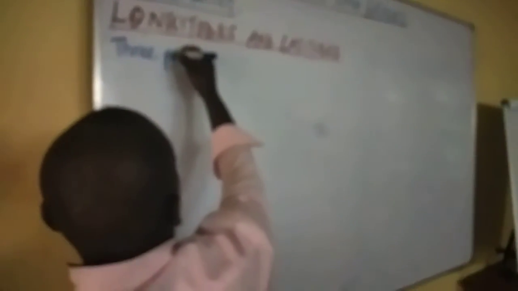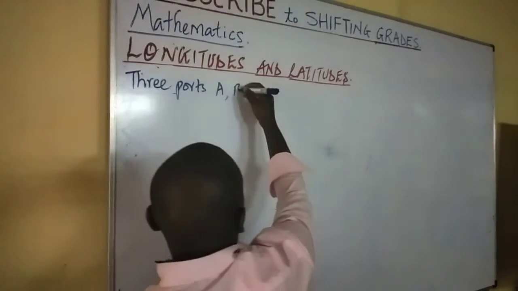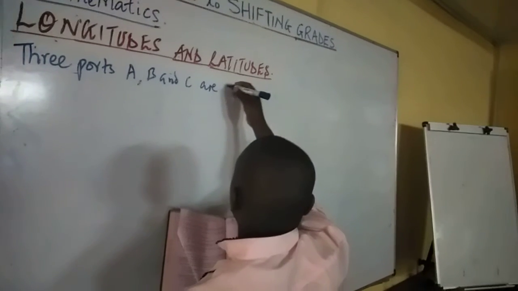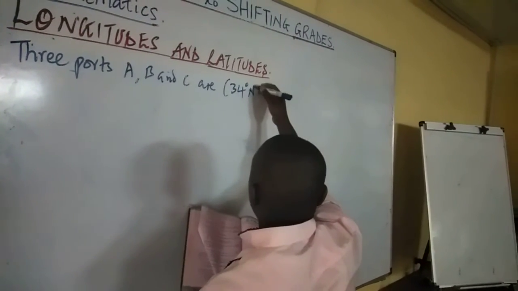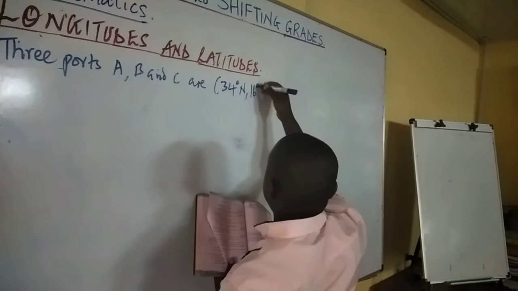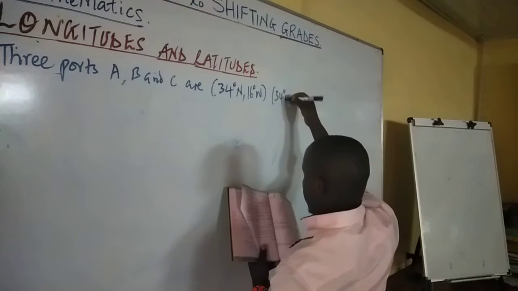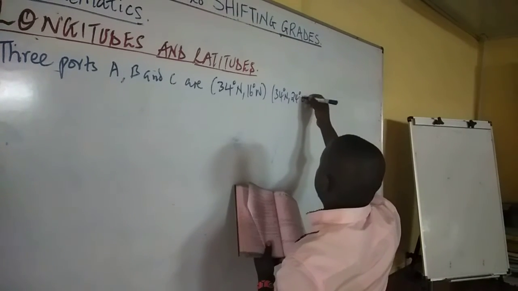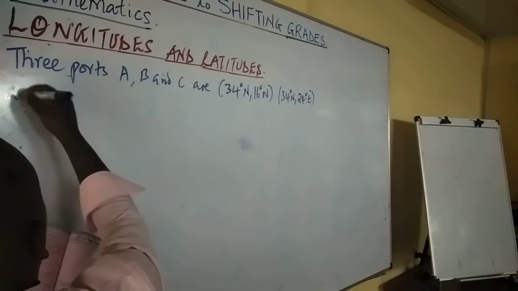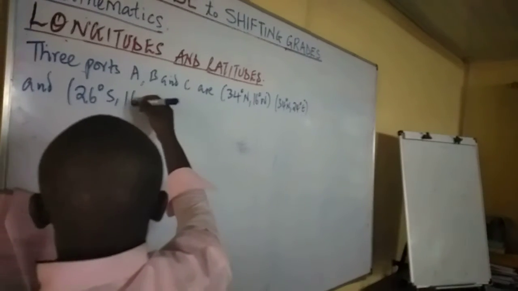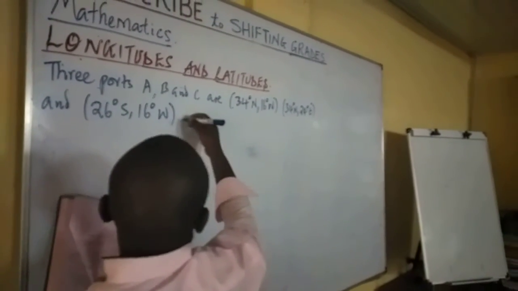The position of 3 ports A, B, and C are 34 degrees north, 16 degrees west; 34 degrees north, 24 degrees east; and 26 degrees south, 16 degrees west, respectively.